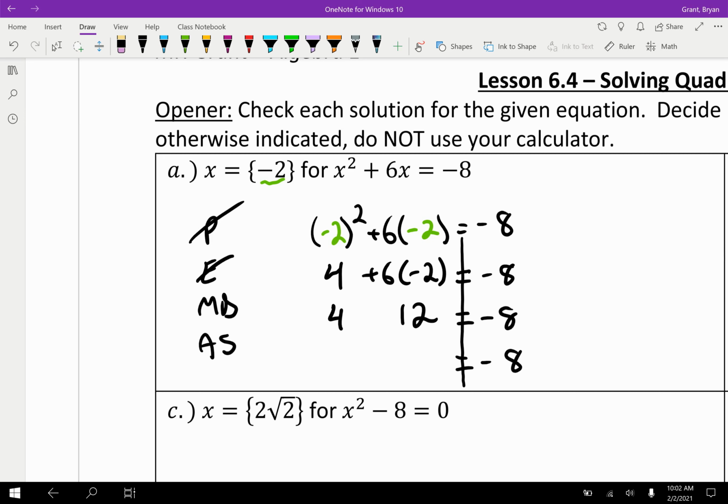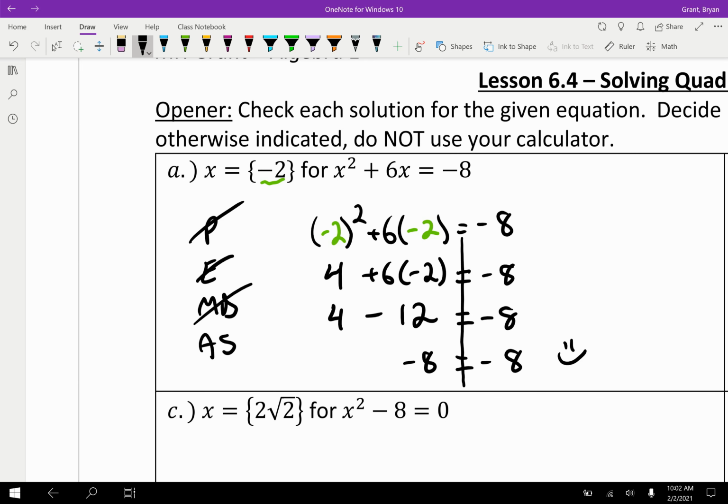Notice you could write this as ±12, but most of us in our experience would say +6 times -2, cool, that's -12. And then we simplify from here. 4 minus 12, that is -8. We're doing the subtraction portion of PEMDAS, and we see that -8 equals -8. That's important because it tells us -2 was a solution.